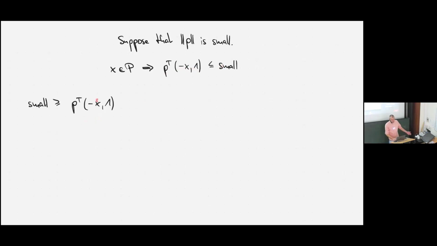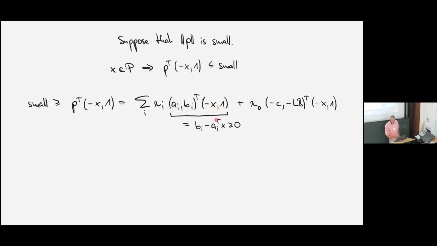But what is this thing here? It's small, but what is it? If you write it out, it's just this. And if you look at the respective terms, this thing here, if you write it out, is just the slack of that point with respect to that inequality. So that's non-negative. This is why we came up with P. So you can drop this.